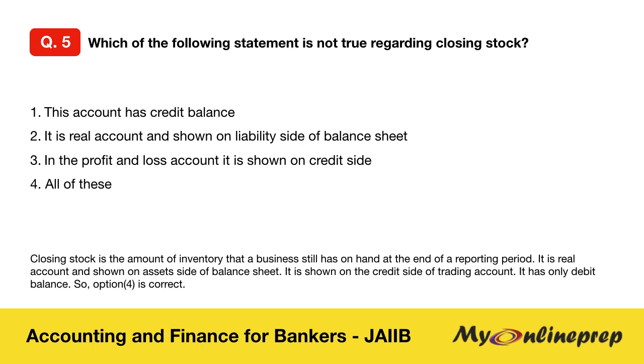Your answer is all of the above. Right. Closing stock is the amount of inventory that a business still has on hand at the end of a reporting period. It is a real account and shown on asset side of balance sheet. It is shown on the credit side of trading account. It has only debit balance, so option 4, that is all of the options is correct.